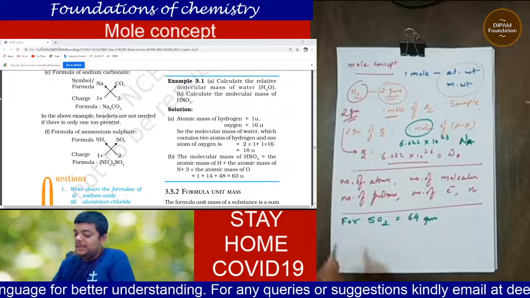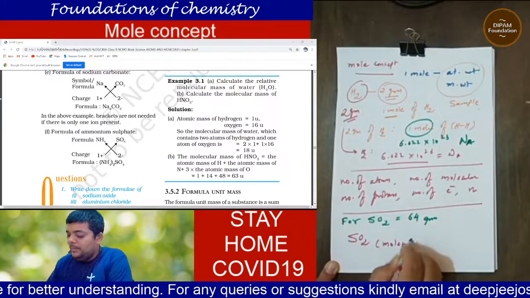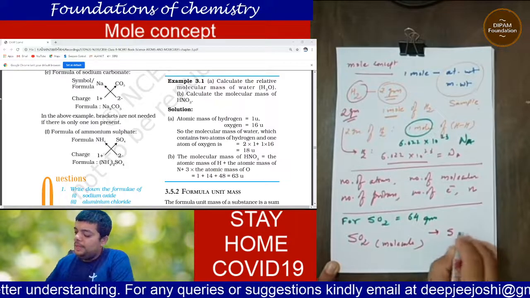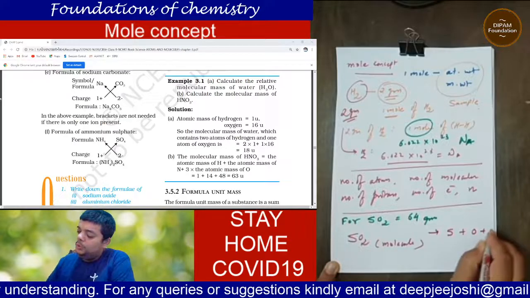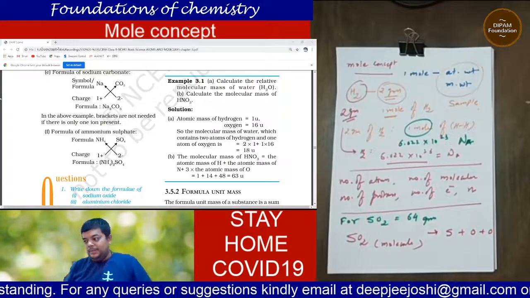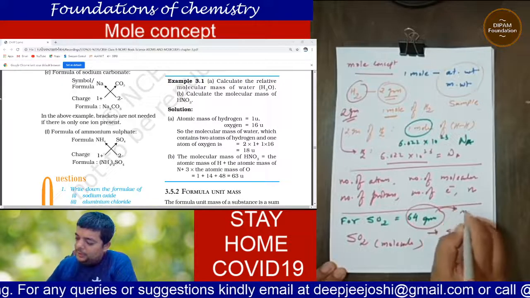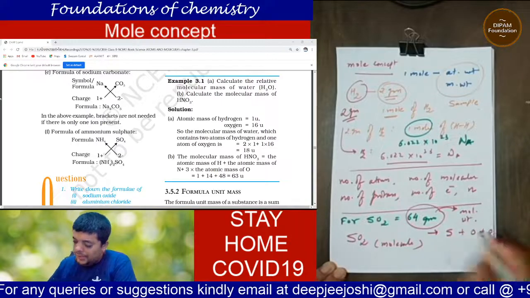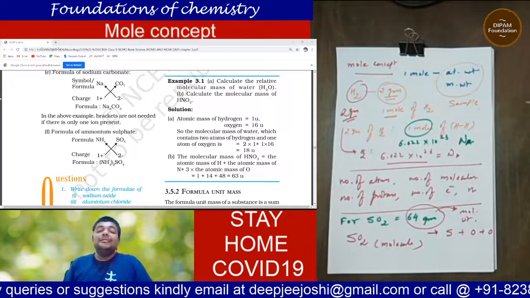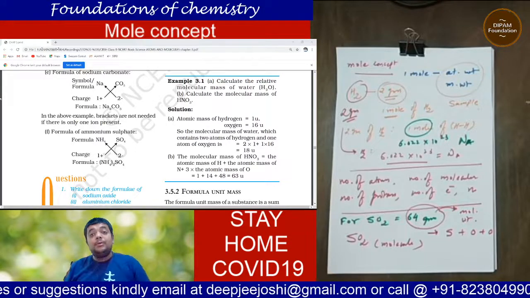Remember that SO2 is a molecule which is formed when one S atom and two O atoms combine. Remember this very well. Over here, if this number is equal to molecular weight, then the number of SO2 will be equal to exactly 1 mole, and that is 6.022 into 10 to the power 23.